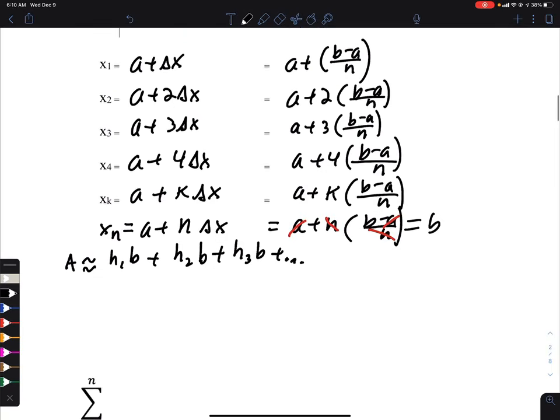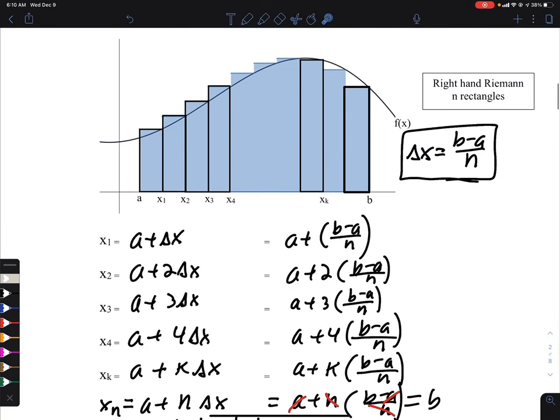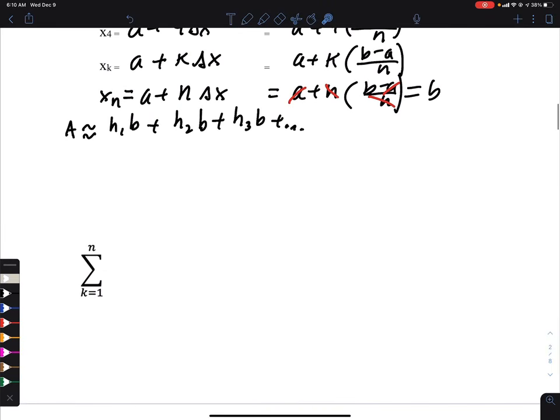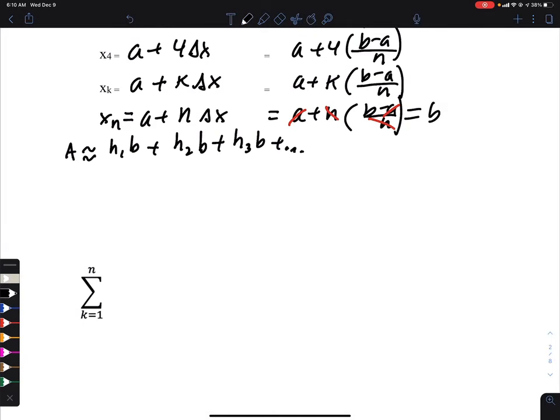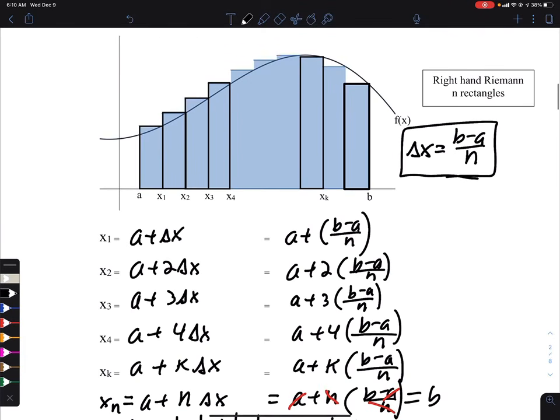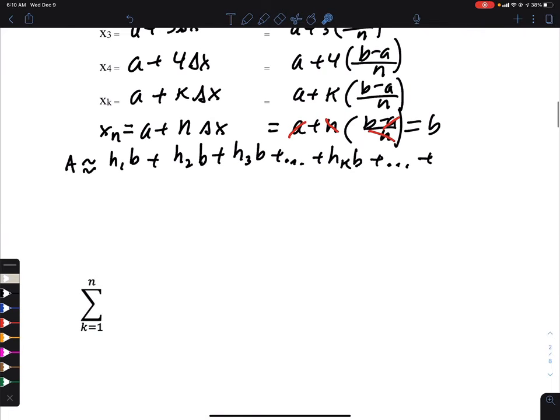And then we're going to do the kth rectangle. So plus dot dot dot plus the height of the kth rectangle times the base plus dot dot dot. And the last one is going to be this rectangle. The height of the nth rectangle times the base.